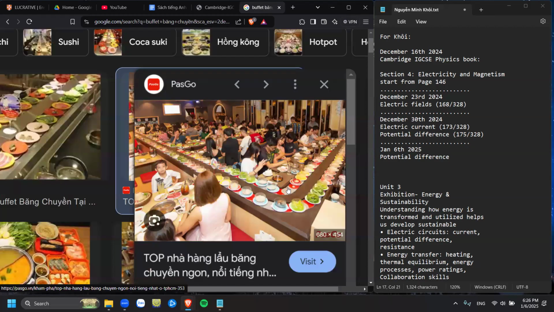eat, right? Wait, then how do they check how much the people are going to take? When you enter the restaurant, you already pay. So it's always a buffet, like all you can eat, and you can stay there for a few hours if you want to.